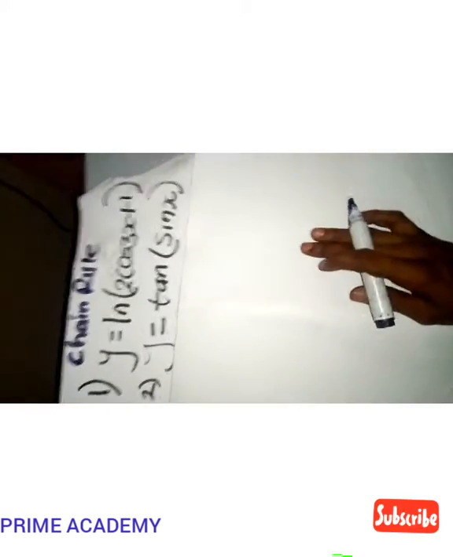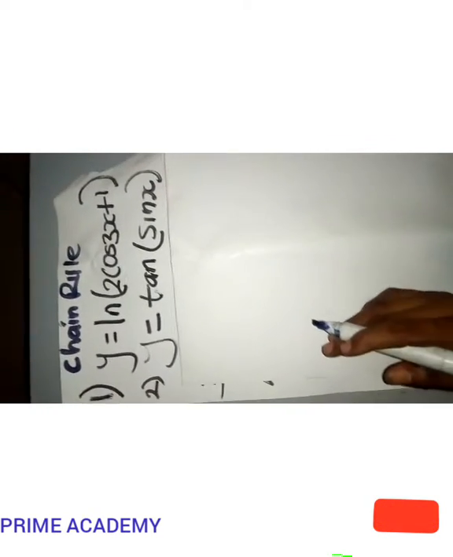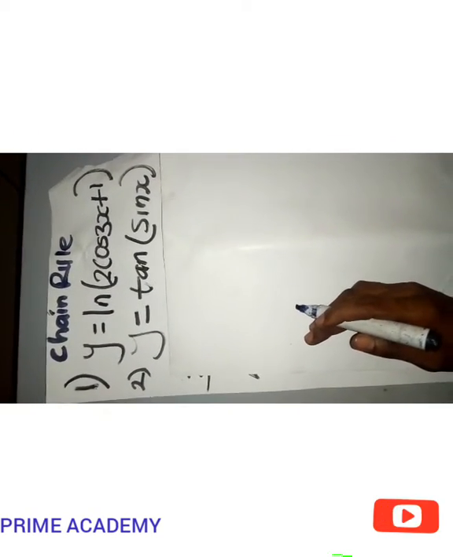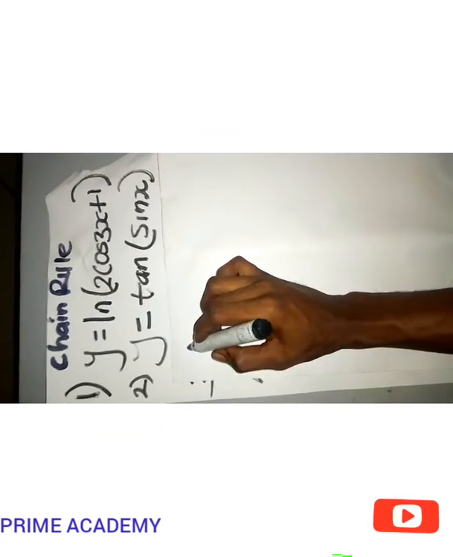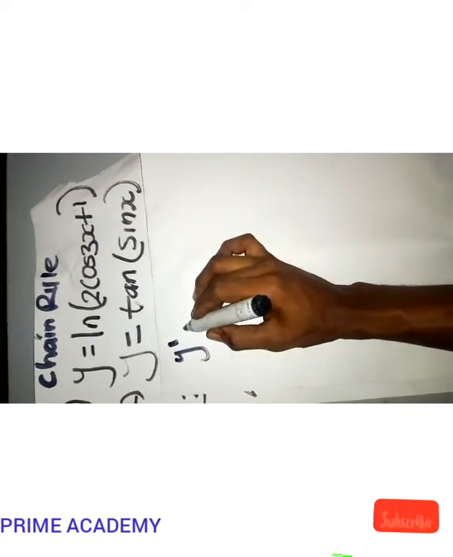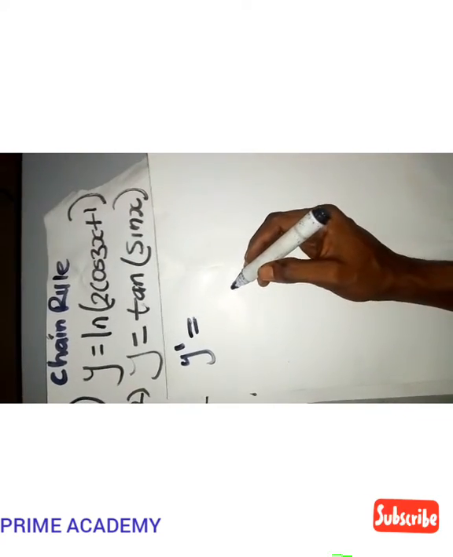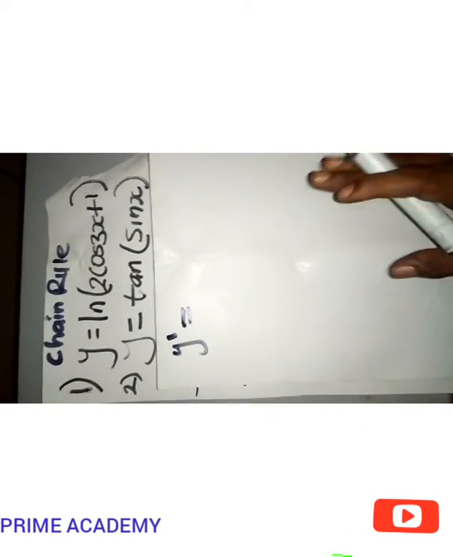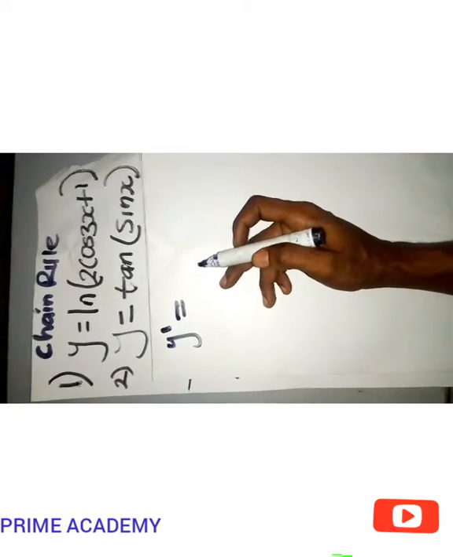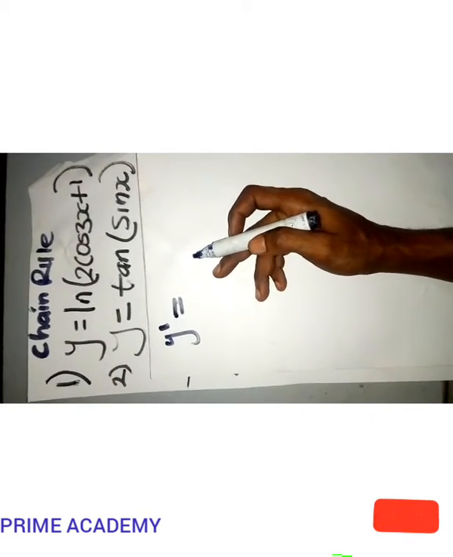So the first question I have here is y equals ln(2 cos 3x plus 1). We have to find y prime. So y prime is going to be, writing the answer directly like I told you, the same principle works. From the inner function, I have 2 cos 3x plus 1.